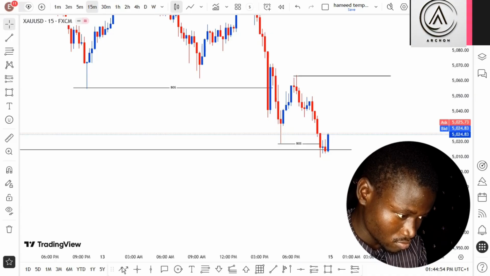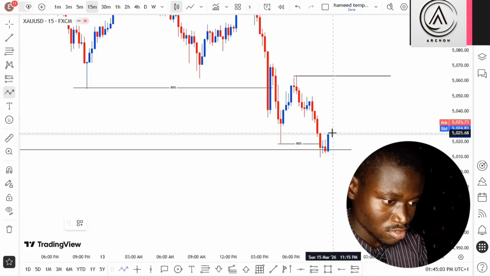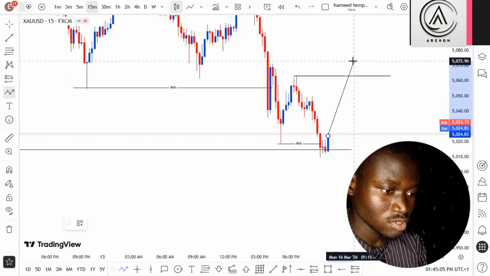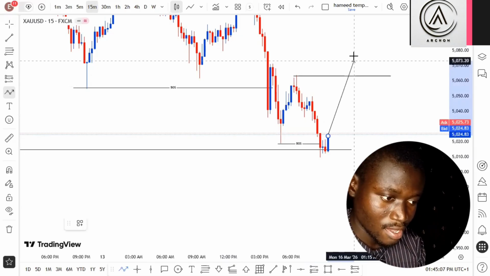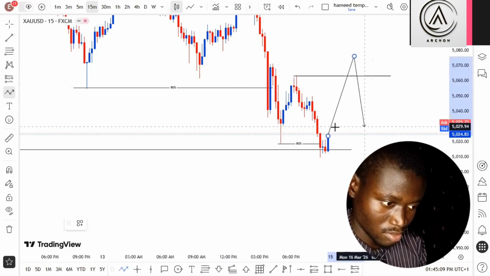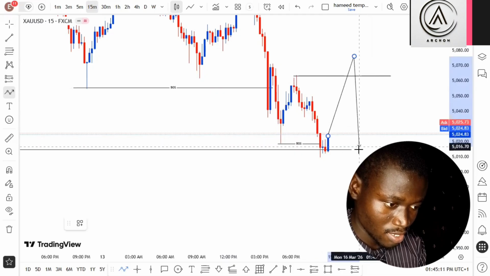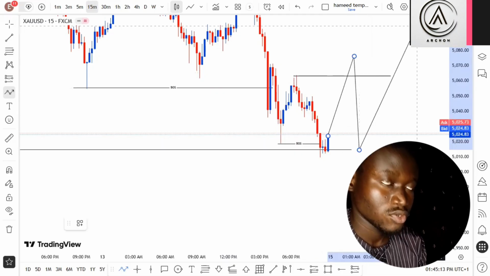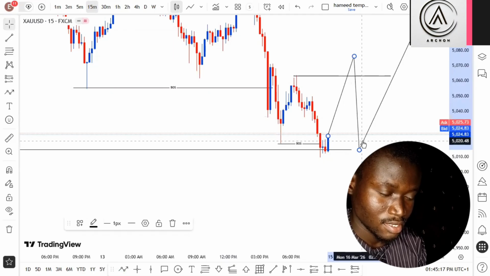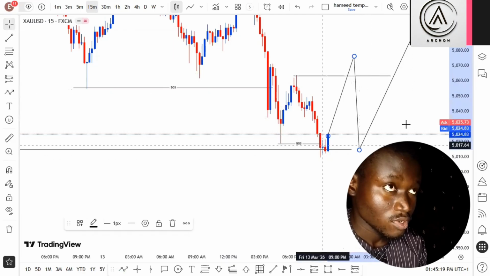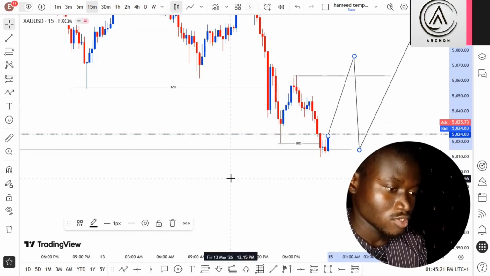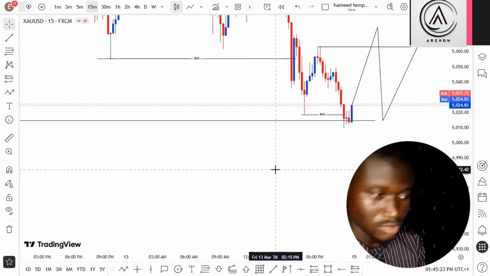We expect the market to go this way, break this high here, come back down somewhere around here or here, then we continue, which means our setup will be here. We're looking for entry around here.